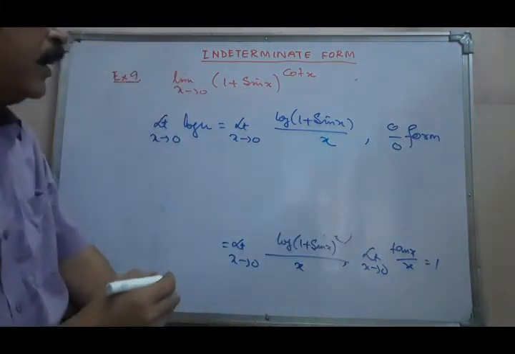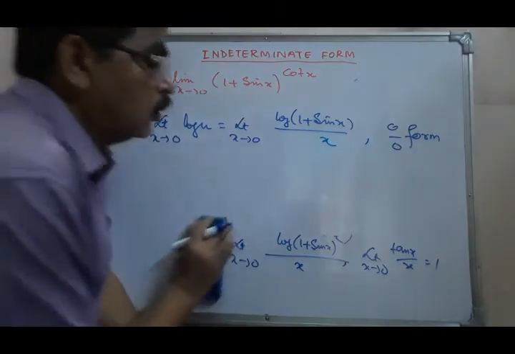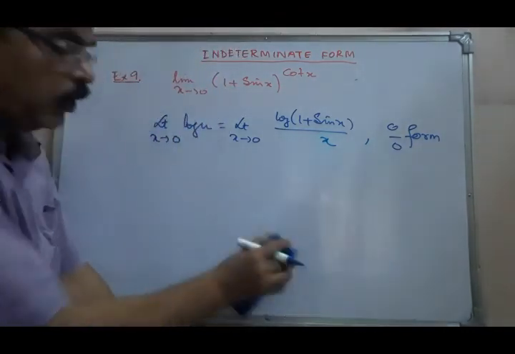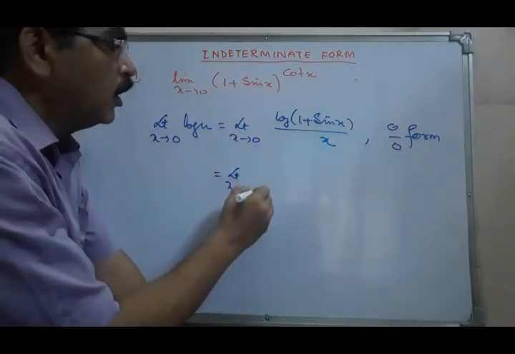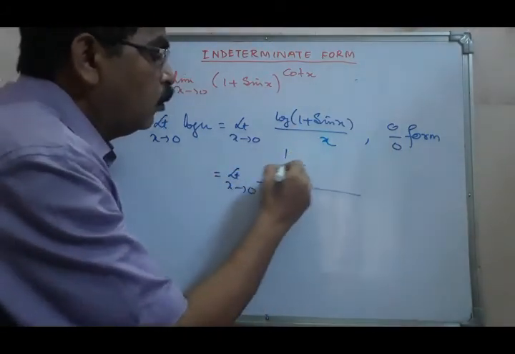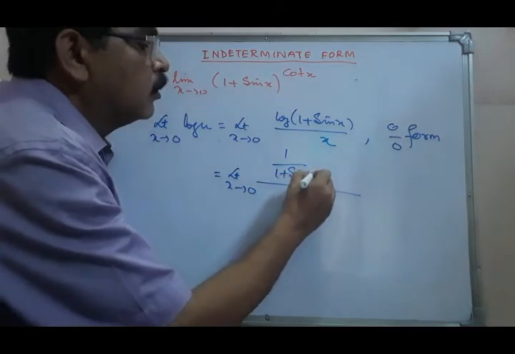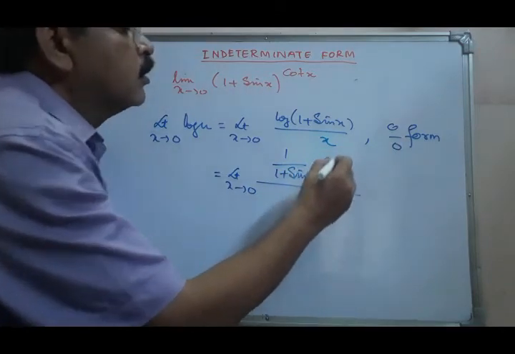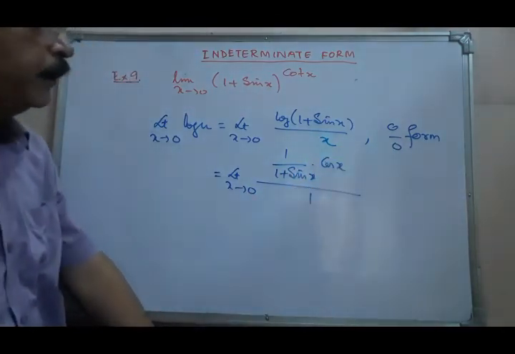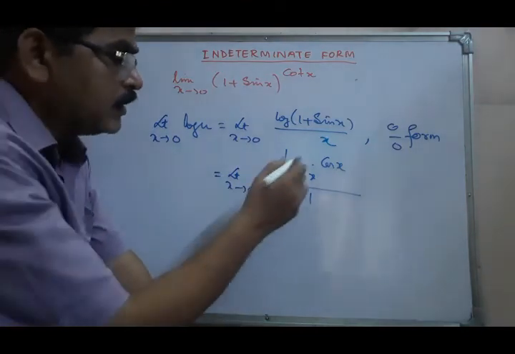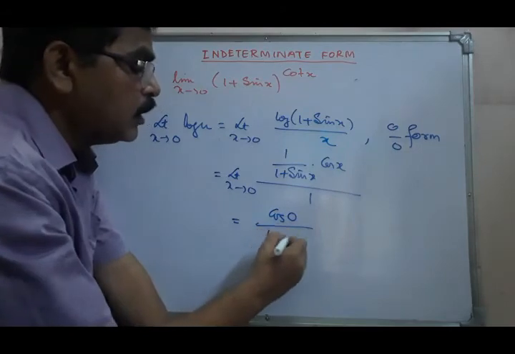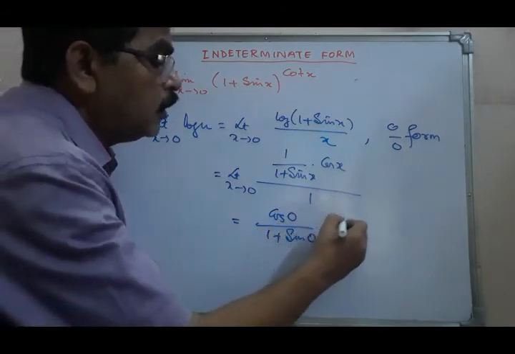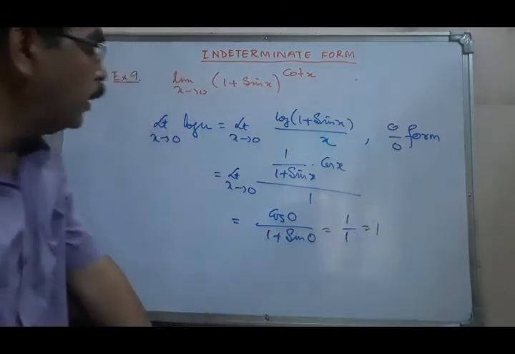It means we are applying L'Hospital rule, that is derivative of numerator and the denominator. So limit x tending to 0, 1 by 1 plus sin x into cos x divided by 1. So now replacing x equal to 0, we will get cos 0 by 1 plus sin 0, that is 1 by 1 equal to 1.